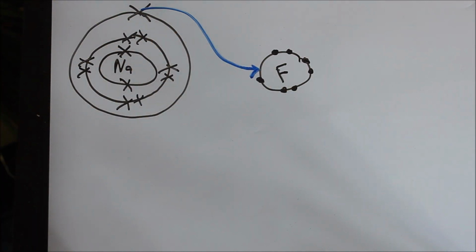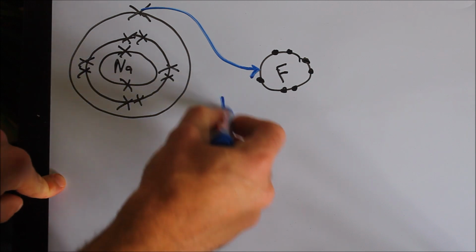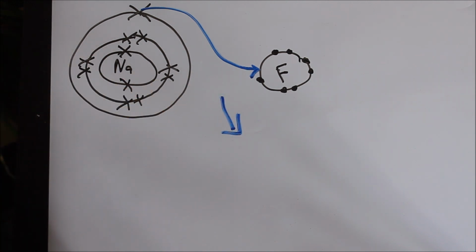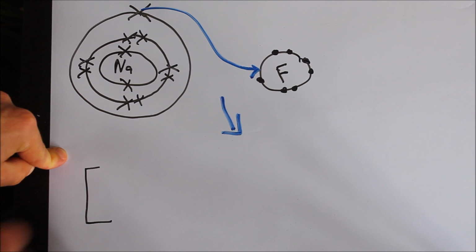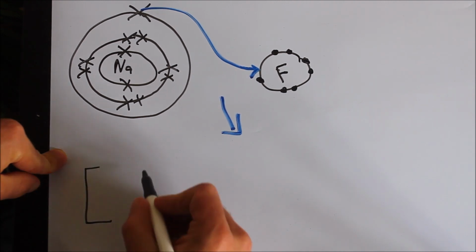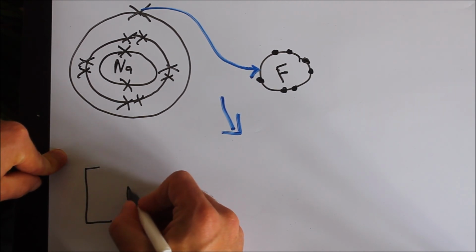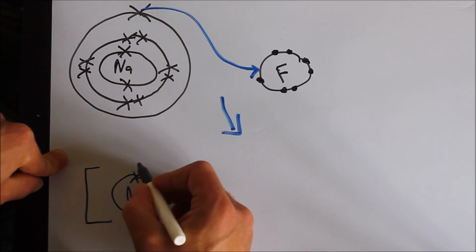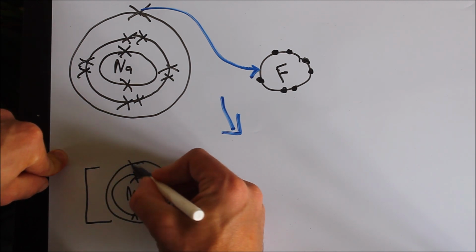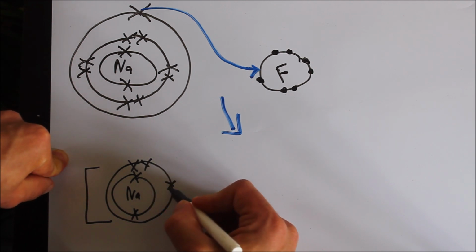And what this leads to, when this happens, so it's given that electron away, is we end up with the sodium. Now we tend to draw these in square brackets. But the sodium still has its first shell, and it still has its second shell of electrons.